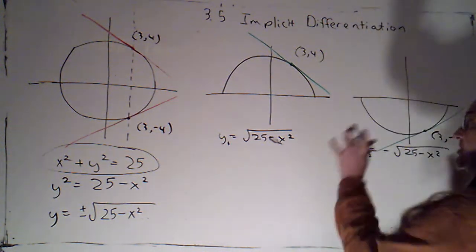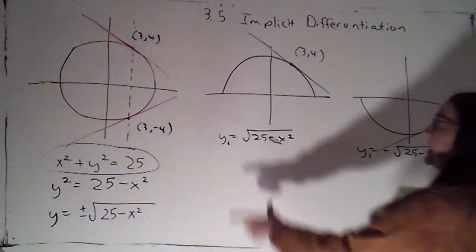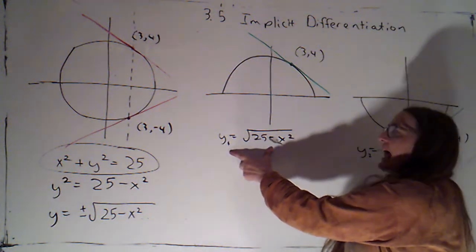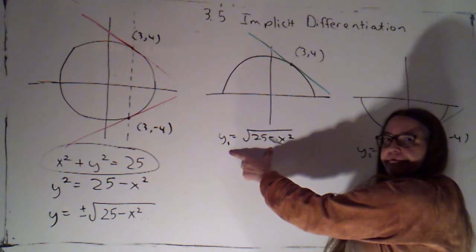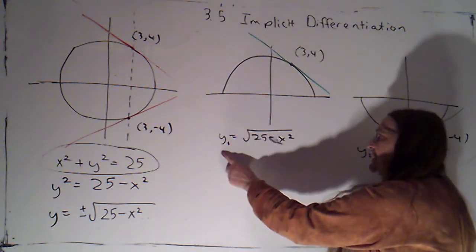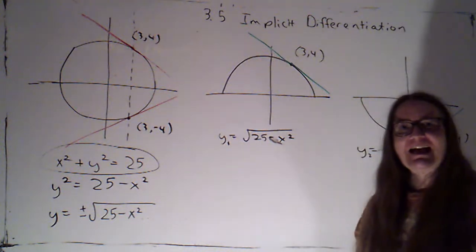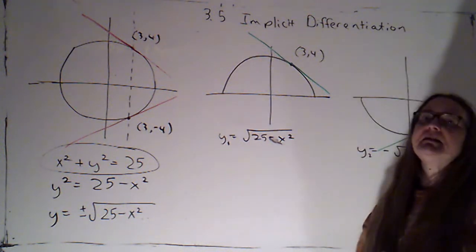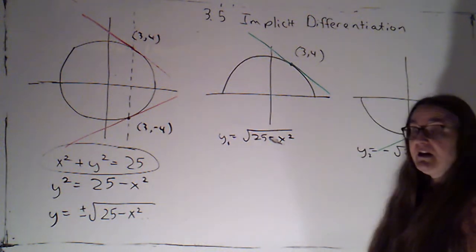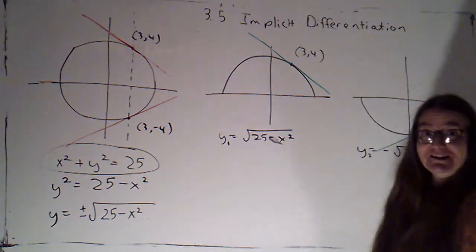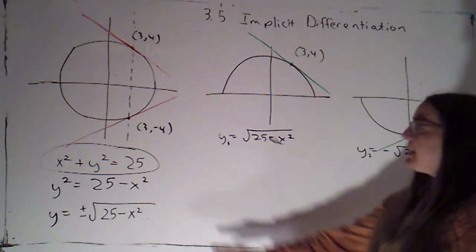But first of all, we're going to do it explicitly. This is y given explicitly as a function of x. If you have y by itself equals some formula involving x, that is explicitly giving you y as a function of x. So far, that's all the calculus that we've been doing.